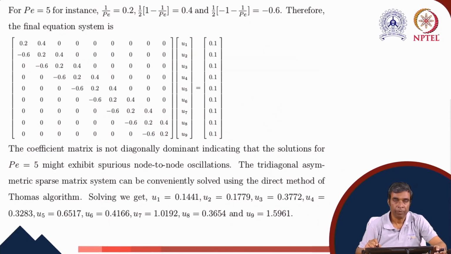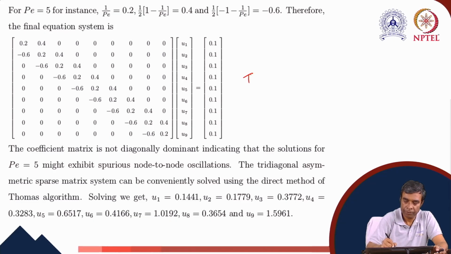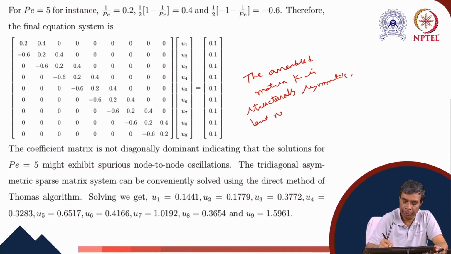So here we have shown the tridiagonal matrix equation system once more. So the assembled matrix K is structurally symmetric but numerically asymmetric.